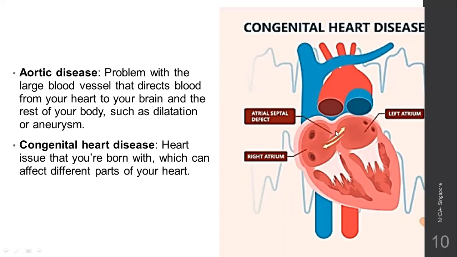The septum separates the right and the left side of the heart. Is it clear? This is congenital heart disease. So the septum and the valves are the ones that divide the heart into four chambers, two atriums and two ventricles.